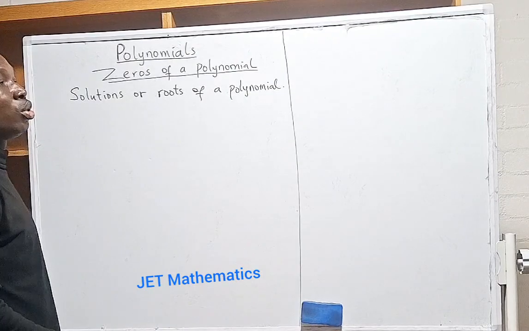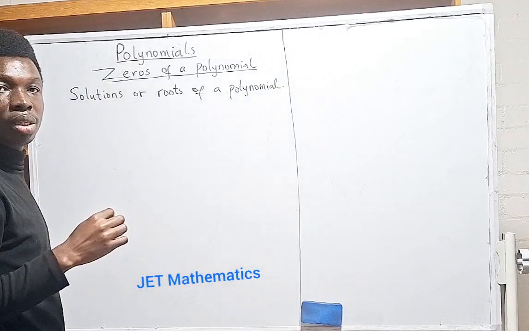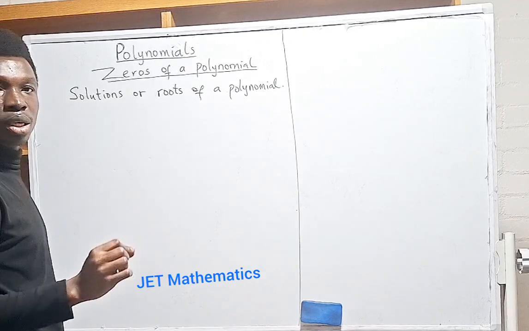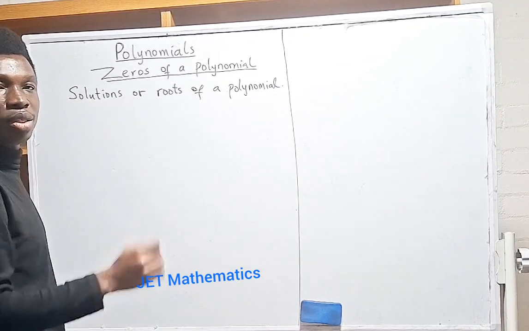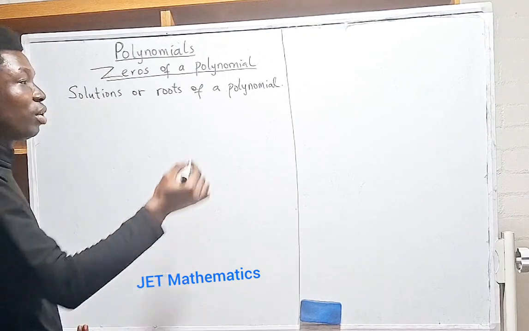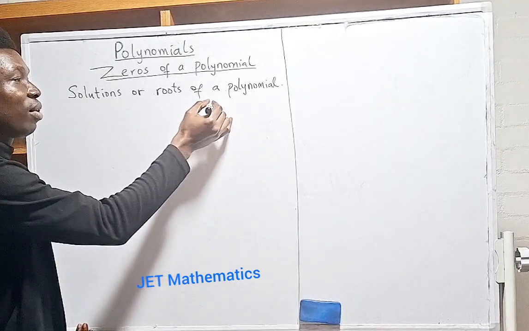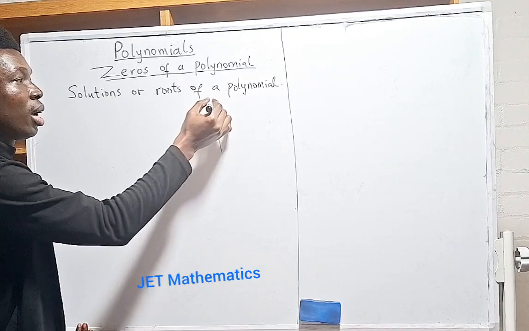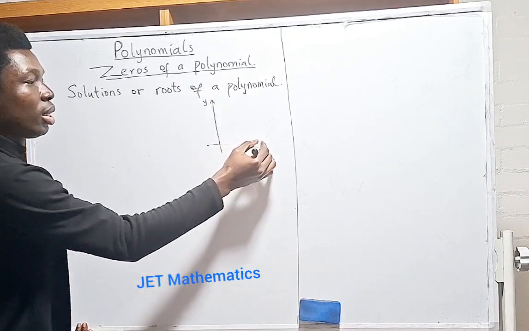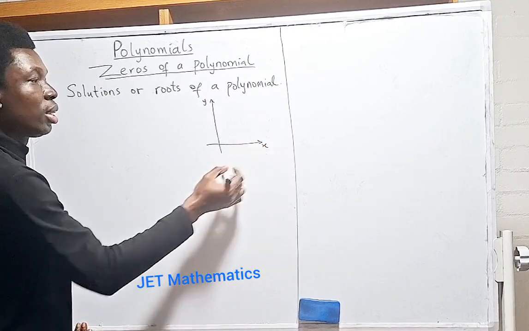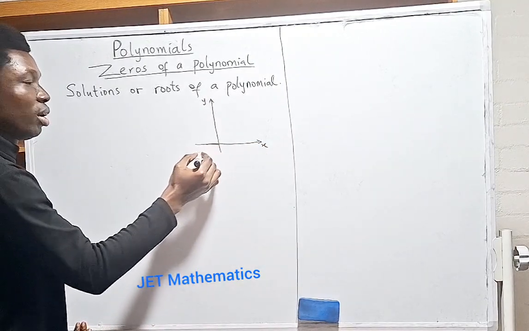Okay, so it is obtained when y is equal to 0. For instance, we have a graph like this, our y axis, and then our x axis, and maybe we have a graph like this.